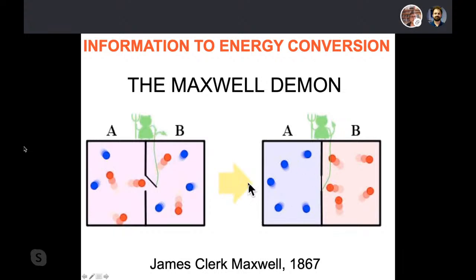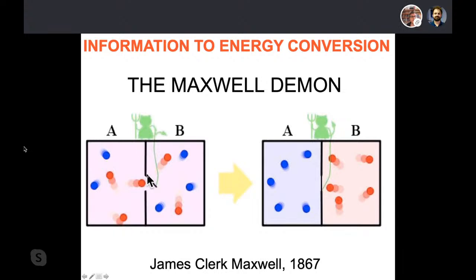Maxwell demon paradox. At the end of the 19th century, the great physicist Maxwell proposed a Gedanken experiment, a thought experiment, in which one small intelligent being could play with a system originally in equilibrium to make it go off equilibrium, or to reach another state of lower entropy without further change in the rest of the universe, therefore implying a decrease in the total entropy of the universe, and therefore violating the second law.